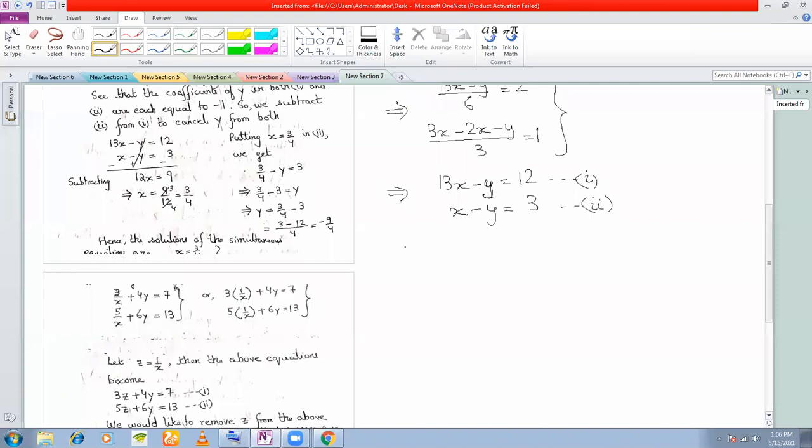See how. If I take these two equations, 13x minus y is equal to 12, and x minus y is equal to 3. See, because these two signs are the same, even if it was a plus sign, we would have still done the same. Because these two signs are same, either both minus or both plus, we will subtract.